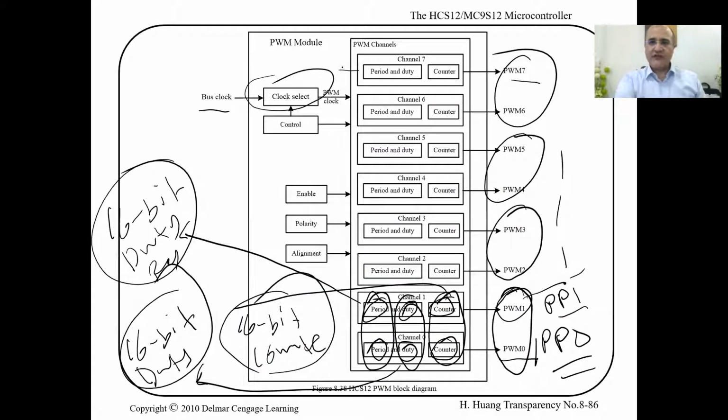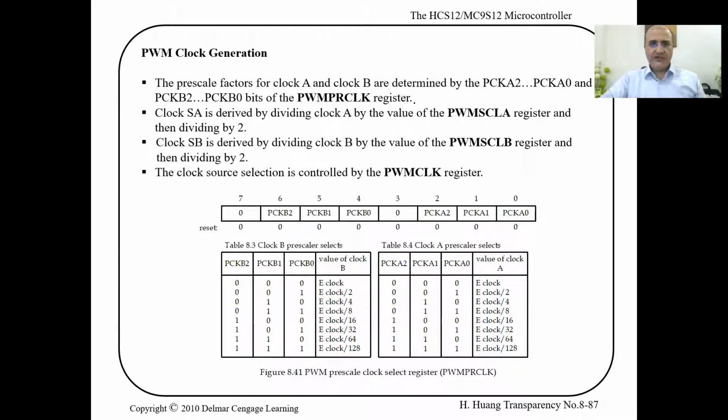The clock sources that can trigger the counters here are prescaled clocks from the E-clock, which means we have 2 clock sources, a clock called clock A and clock B. These clocks are subdivisions, or prescaled clocks, from the E-clock, controlled by the PWM prescaler clock register, using 3 bits each in this register, PWM PR clock.